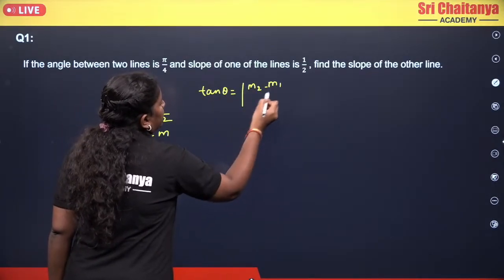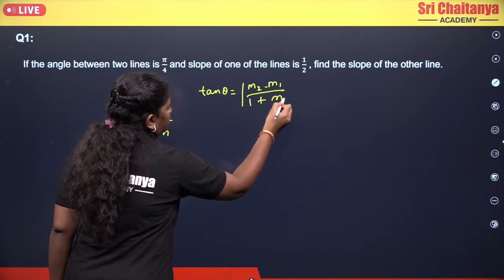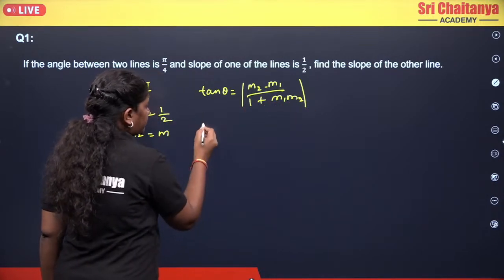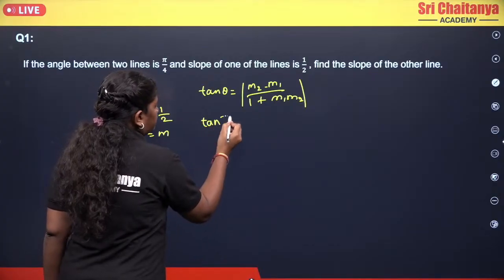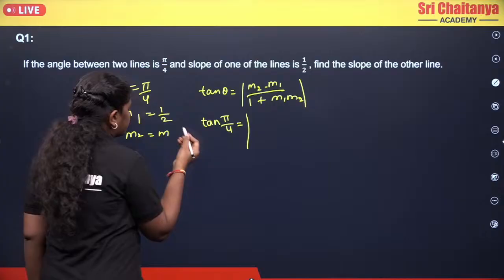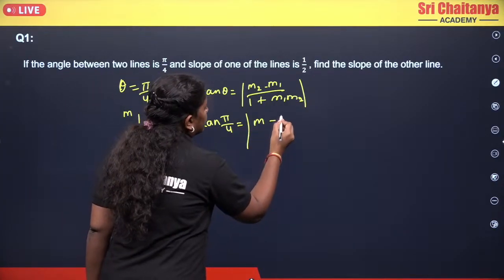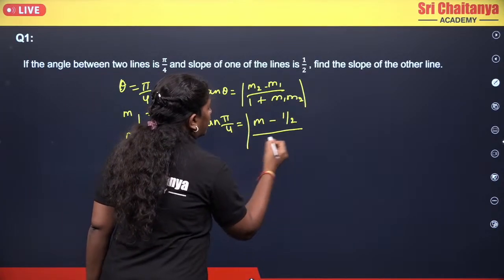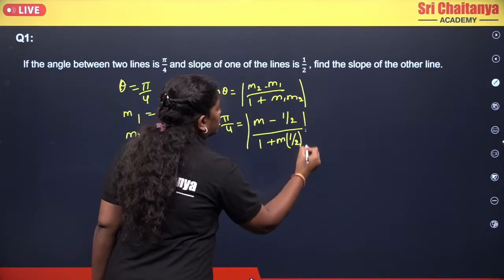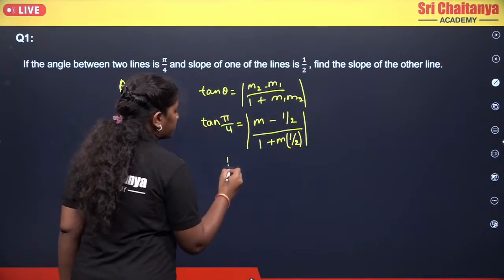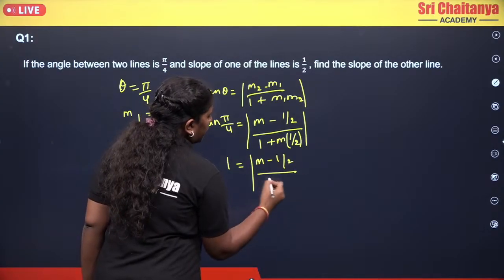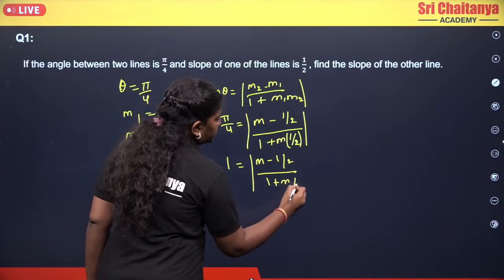Modulus of (m2 minus m1) by (1 plus m1 m2). So tan pi by 4 equals (m minus 1 by 2) by (1 plus m into 1 by 2). Now the tan pi by 4 value is 1, so 1 equals modulus of (m minus 1 by 2) by (1 plus m by 2).